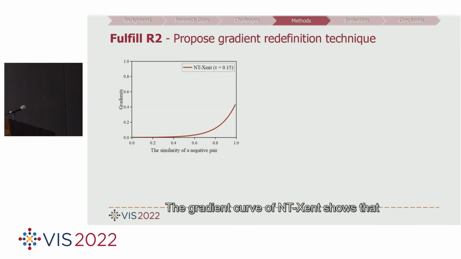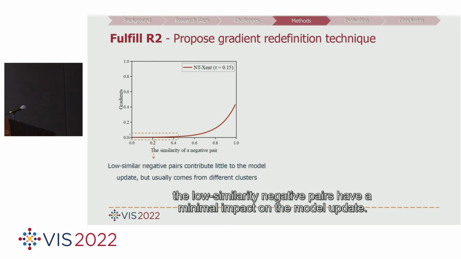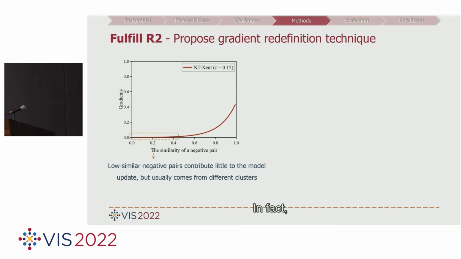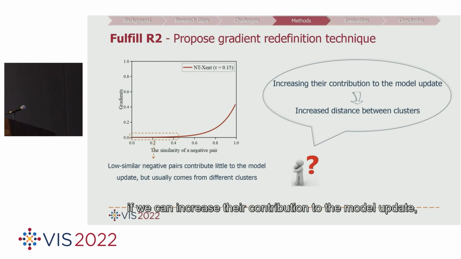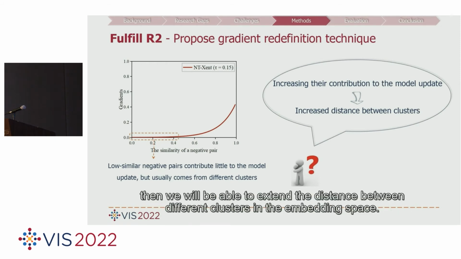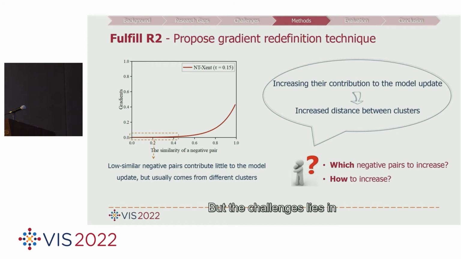The gradient curve of NT-Xent shows that the low-similarity negative pairs have a minimal impact on the model update. In fact, they usually come from different clusters. So our intuition is that if we can increase their contribution to the model update, then we will be able to extend the distance between different clusters in the embedding space. But the challenge lies in determining which negative pairs to increase gradient for and how to increase it.